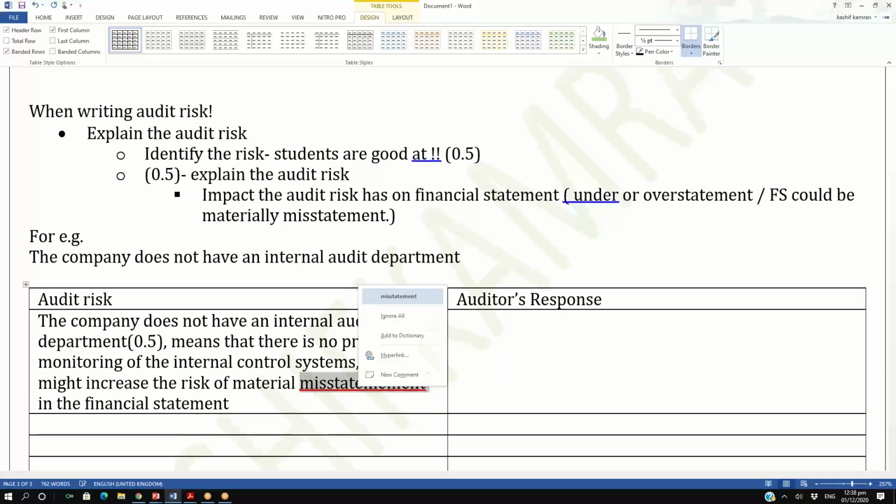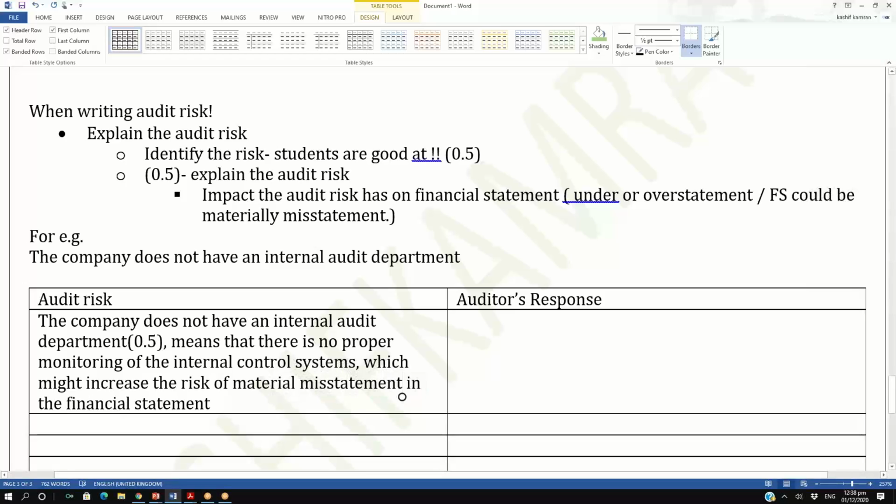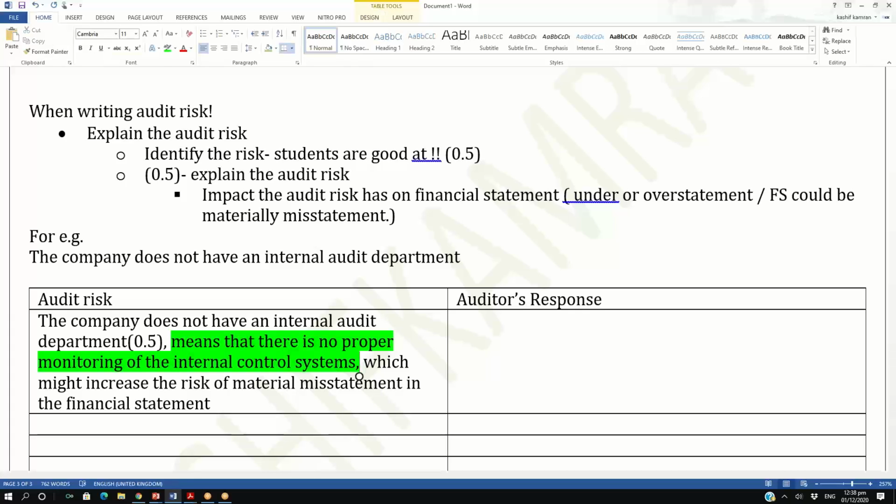So I cannot just tell there is no proper monitoring of the internal control system, but I need to tell what will happen to the financial statement. If there is no proper monitoring of the internal control system, how will it impact the financial statement? How will it be connected with the financial statement? There is lack of monitoring, which might increase the risk of material misstatements in the financial statement.